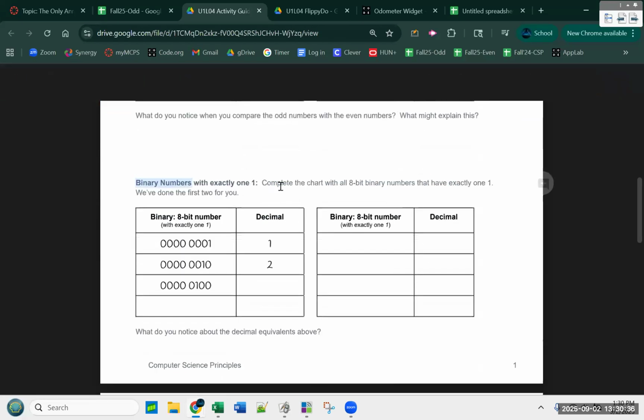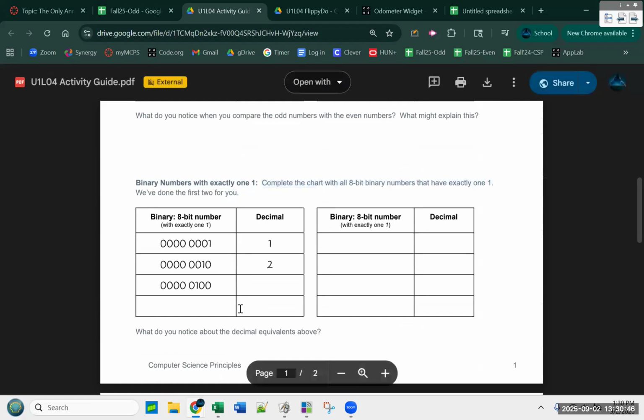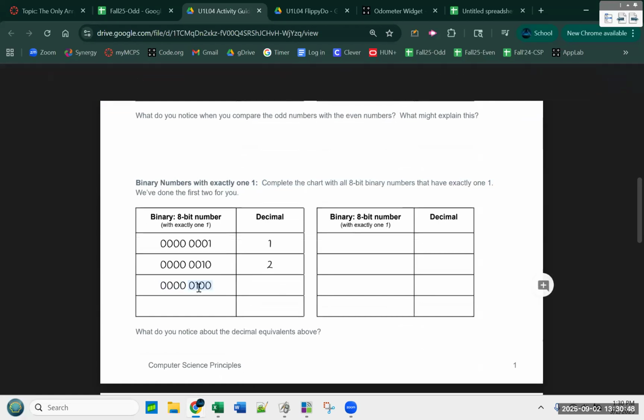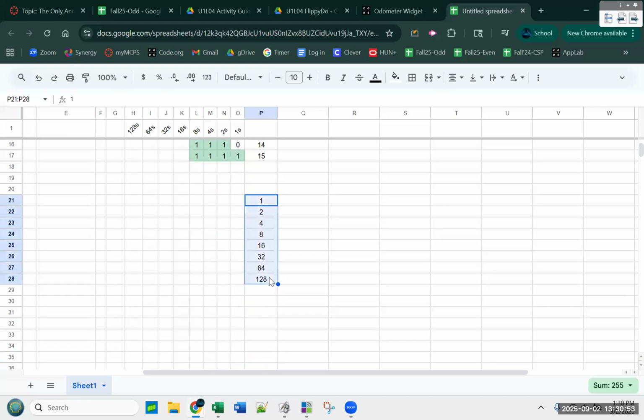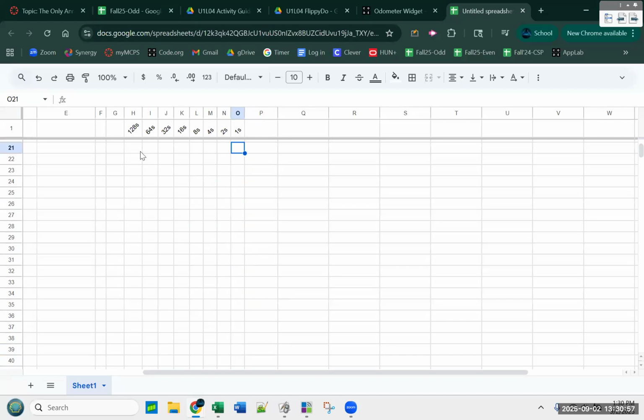Okay, second part, binaries with exactly a single 1 in them. Okay, complete the chart with all 8-bit binaries that have exactly 1. We've done the first 2 for you. Okay, the first one they have is all zeros except a 1 in the ones column.